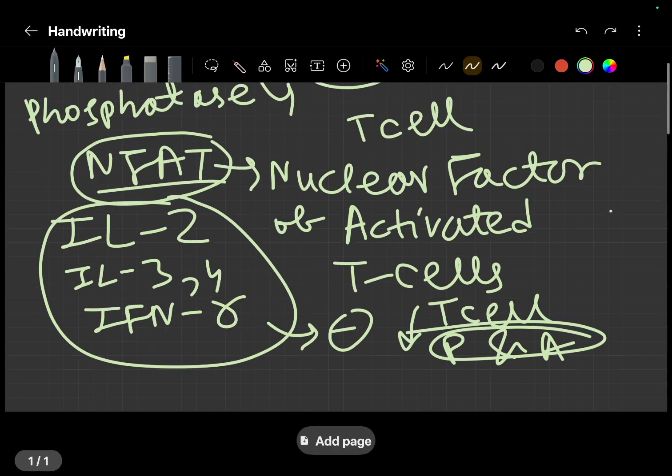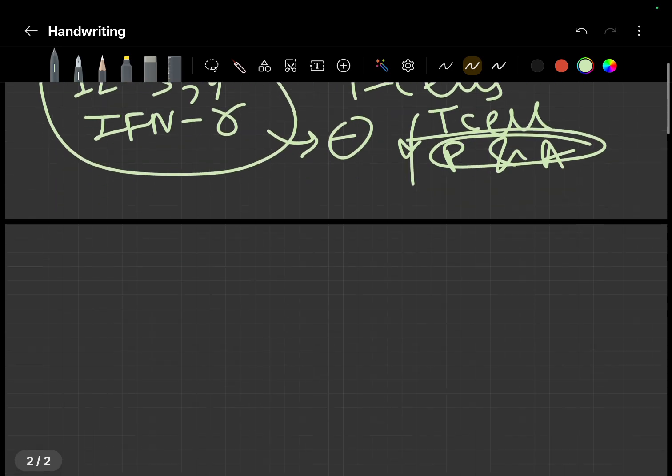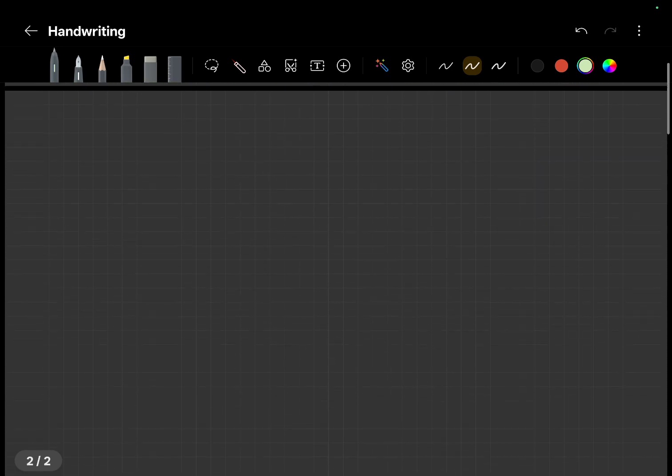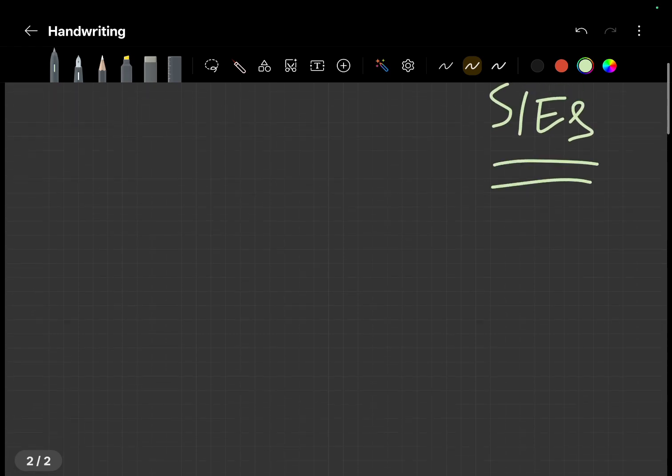Now let's discuss the side effects. The side effects are very important. There's a mnemonic, that is NGT 6H.